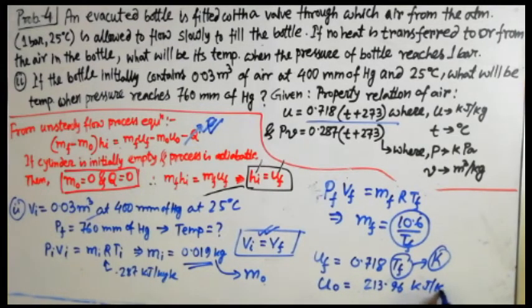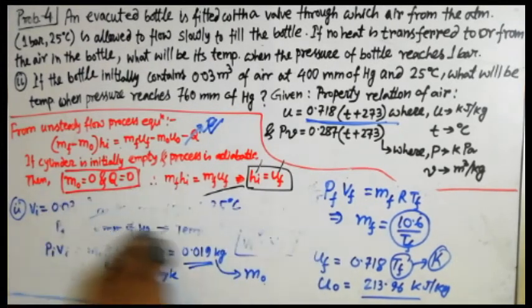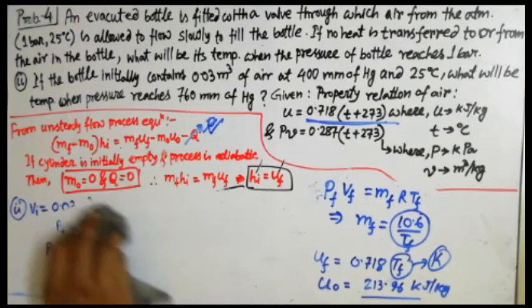Just use the same relation for U0. If you do that, again that particular value will come. So now you just have to use this particular equation and solve it again.